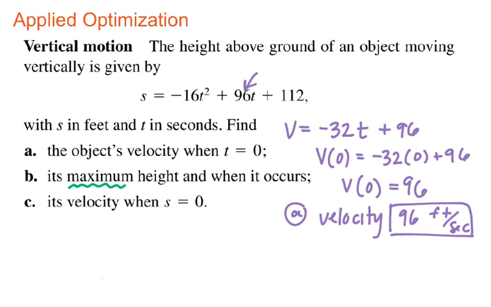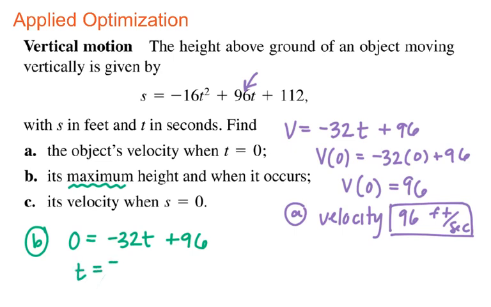Okay, so part B, in order to solve this, we're going to take that derivative, v, which is s prime, and set it equal to 0. So 0 equals negative 32t plus 96. So subtract the 96, divide by negative 32.